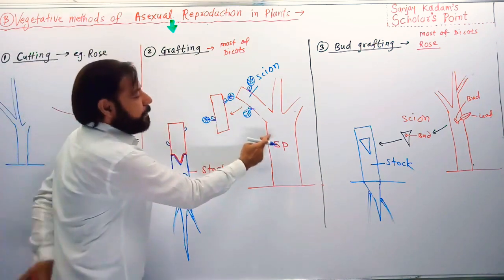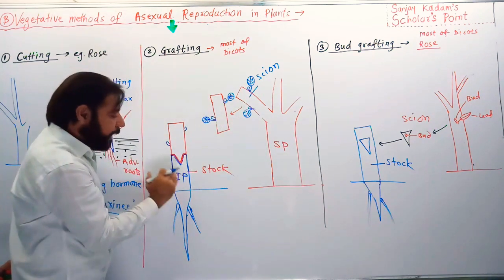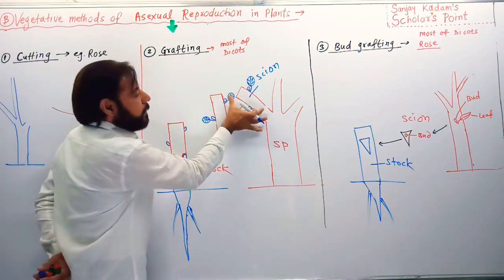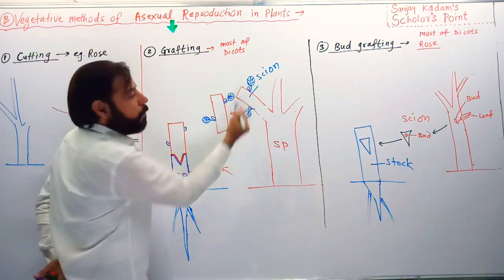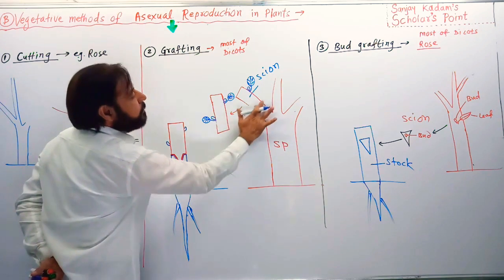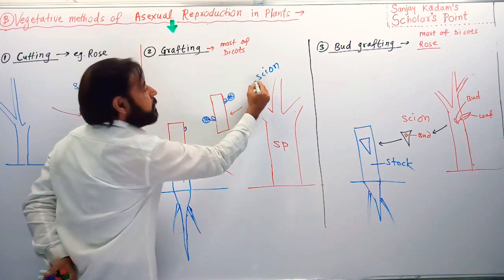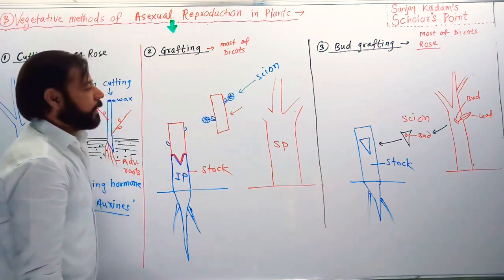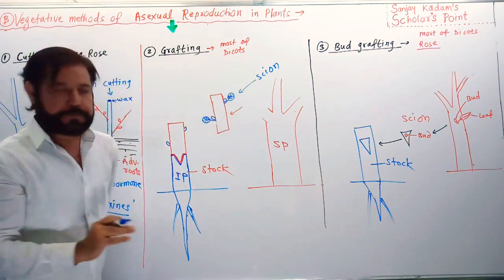A superior quality plant is selected for grafting over the inferior quality plant, and here we can cut a stem portion having one or more buds. Suppose this is removed, and this portion is called scion, having minimum 1 to more buds.